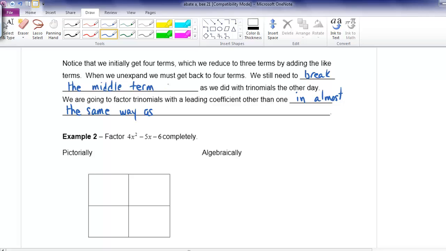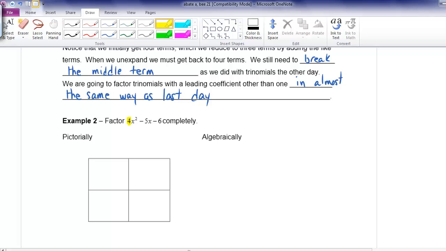So again, I've been saying this in class, I don't consider these polynomials to be very different from last day. The only difference with today is we have this leading term here. It has to do something.